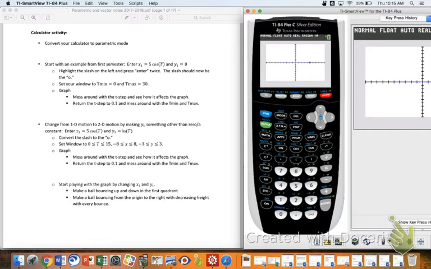So if my T-step is 0.1, that would be me dropping breadcrumbs like this, very quickly, every tenth of a second, let's say. I'm dropping a lot of breadcrumbs here. But if my T-step was bigger, like 1 or 5 or 10, that would be me doing this, breadcrumb.